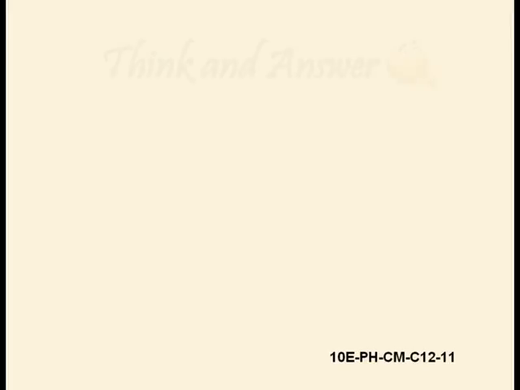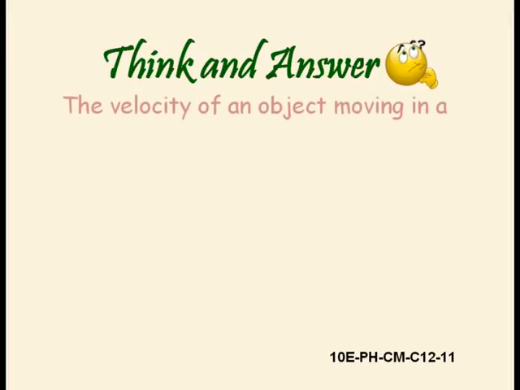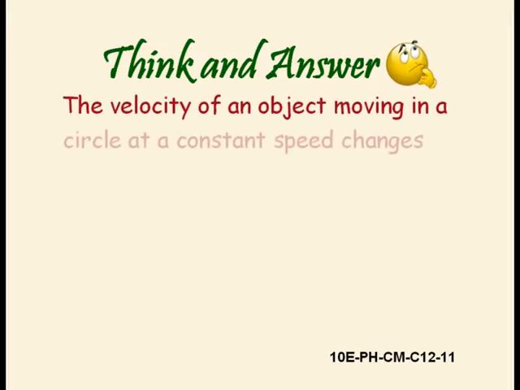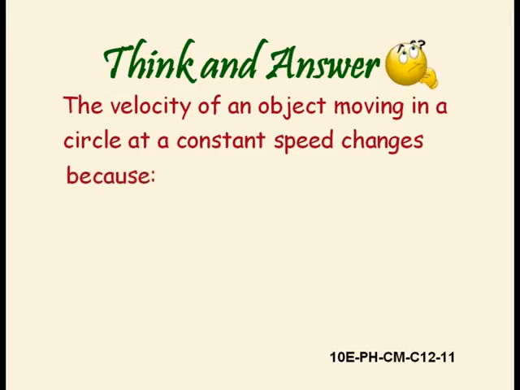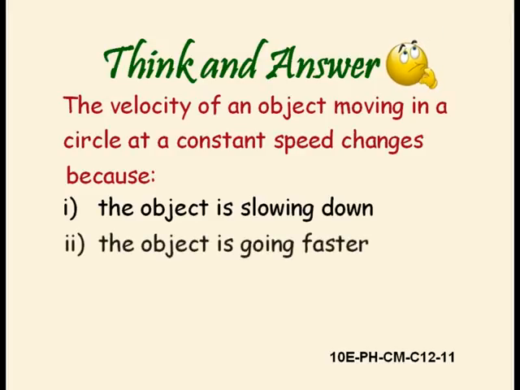Dear children, it is time to think and answer. The velocity of an object moving in a circle at a constant speed changes because option 1, the object is slowing down. Option 2, the object is going faster.